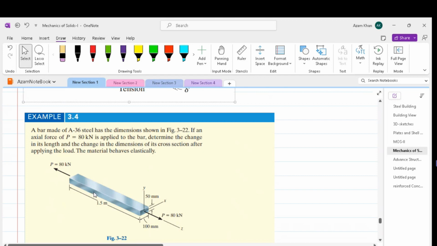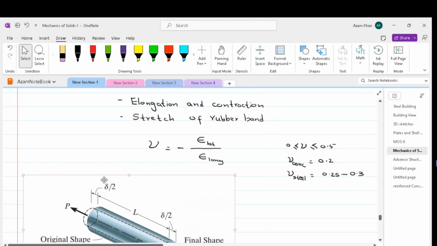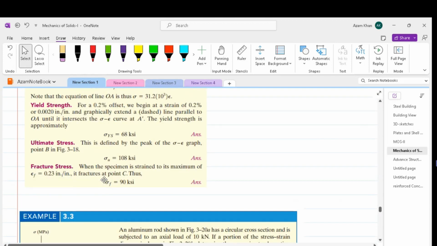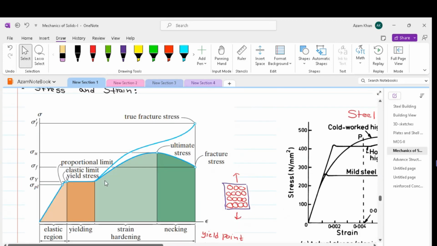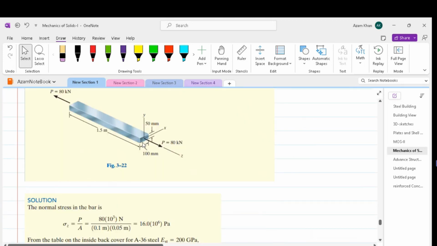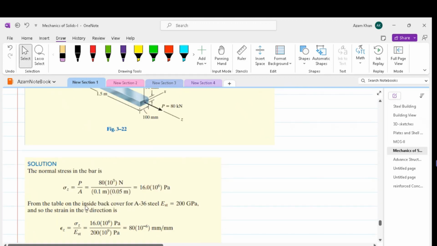Change in dimension means the transverse strains, and that is related to the Poisson effect. We are told that the material behaves elastically, so therefore we can apply stress is equal to E times strain. We are in the elastic region, so we can easily find out the stress on this cross section, and from stress we can find out the longitudinal strain, or strain in the z direction.